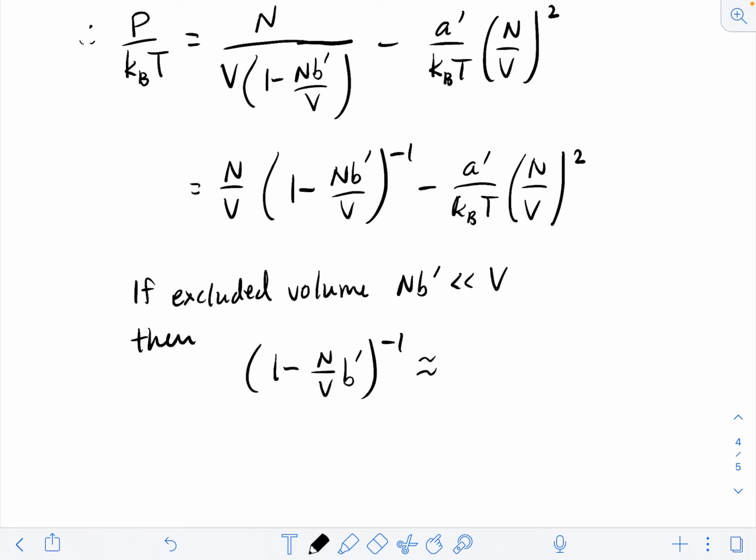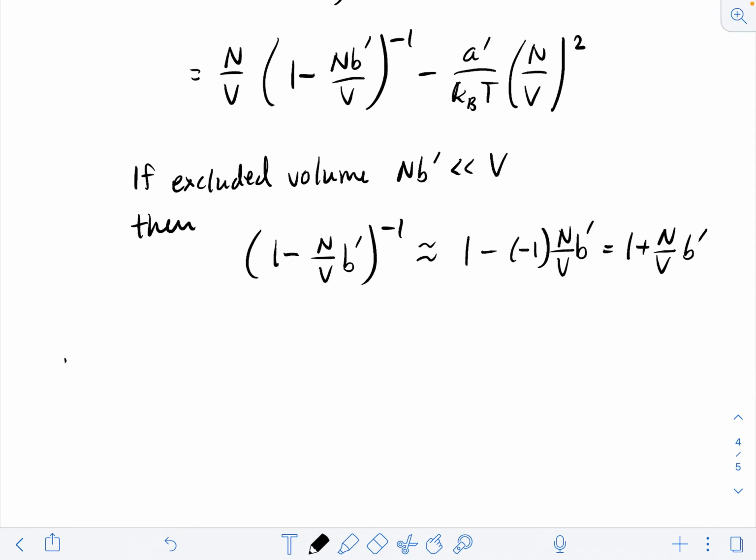This is the binomial approximation, that 1 minus a small number to a power is approximately equal to 1 minus the power times the small number, which ends up being, in our case, 1 plus n over V b'. Okay, so we'll make that change.